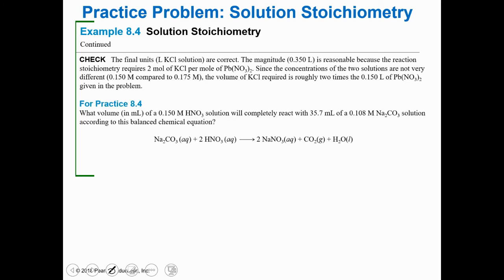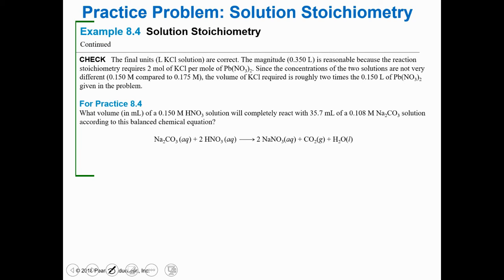All right, so let's look at this one. What volume of 0.150 molar nitric acid will completely react with 35.7 milliliters of 0.108 molar sodium carbonate, according to the balanced equation?